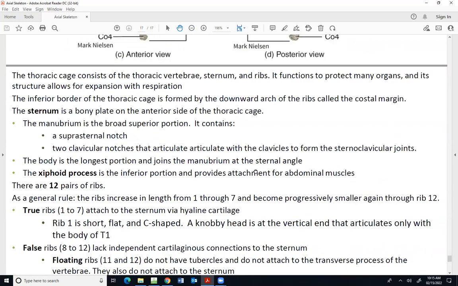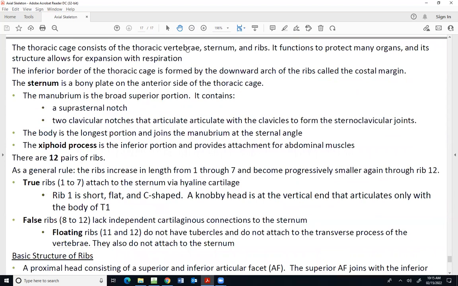All right. The thoracic cage consists of our thoracic vertebrae, which we've already talked about, but also our sternum and ribs, and functions to protect many organs, and as a structure allowing for expansion as we respirate, as we breathe.